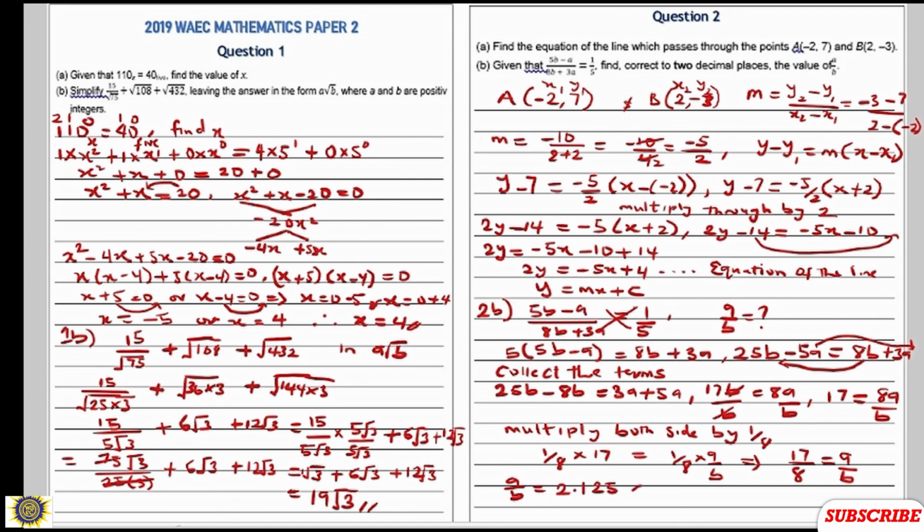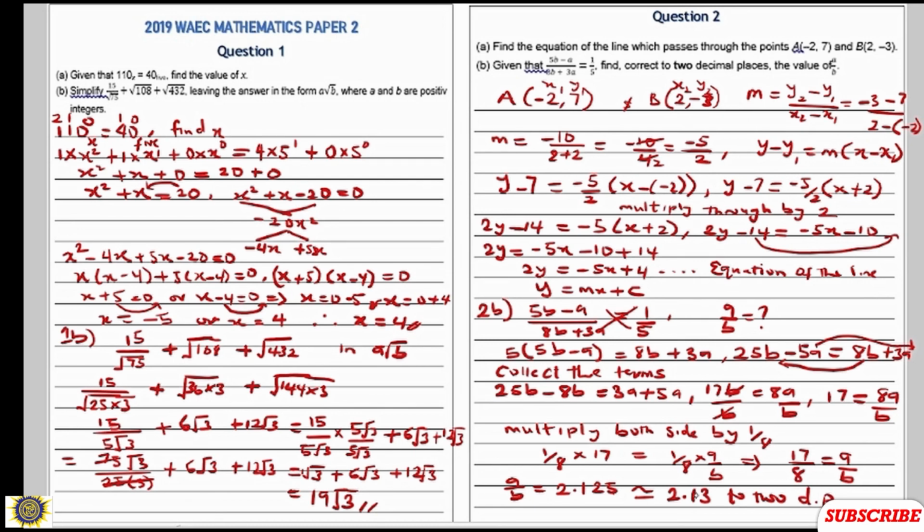Now approximately to two decimal places, you start counting from the decimal point: 1, 2. We have the two decimal places here, but the next number is 5, so you add 1 to this. It's going to be 2.13 to two decimal places.